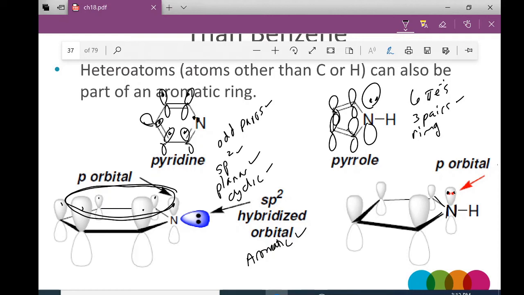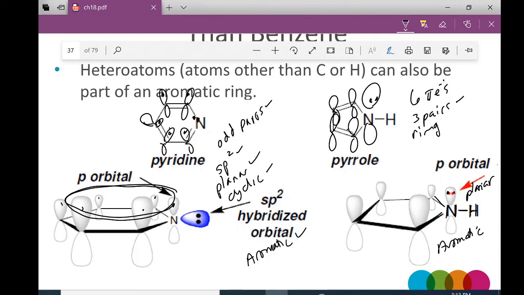So this is actually planar, because that lone pair overlaps with the pi system, and this hydrogen then would be perpendicular to that pi system, making this molecule aromatic.